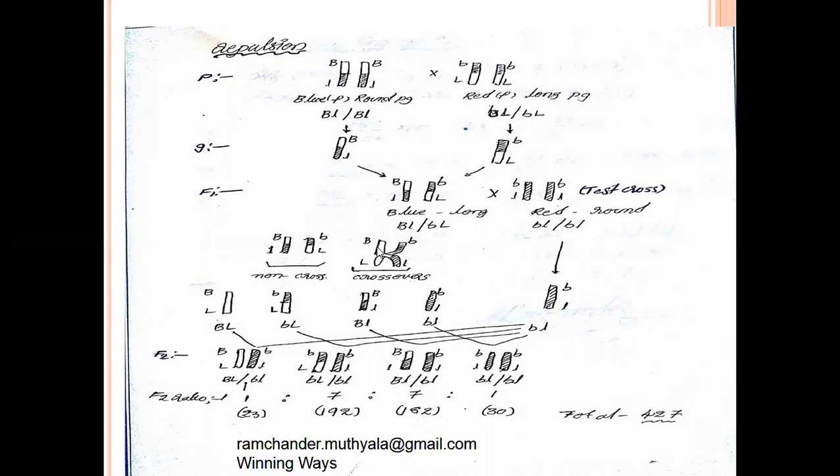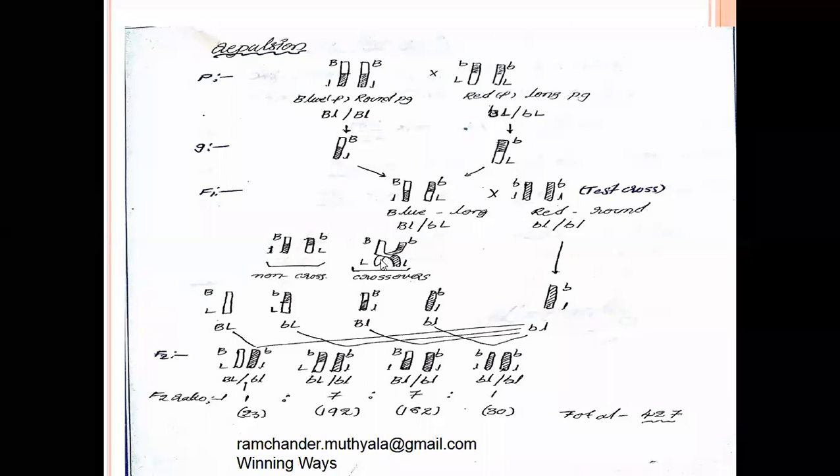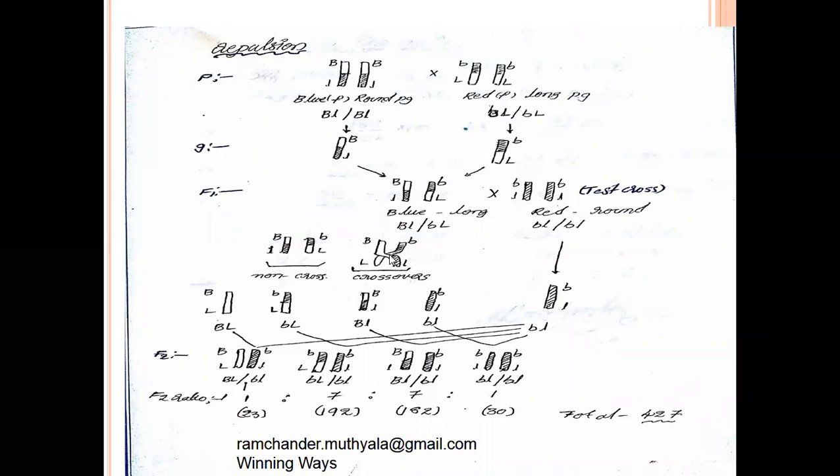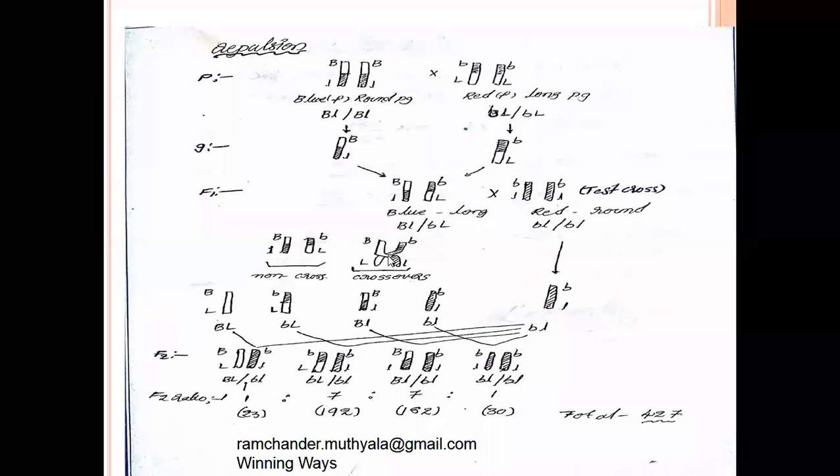Here in the crossing over, capital B small l and small b capital L genes are exchanged. These are present on different chromosomes. The genes are exchanged between the two chromosomes by the formation of chiasma. The chiasma is cut into parts by endonuclease enzymes.